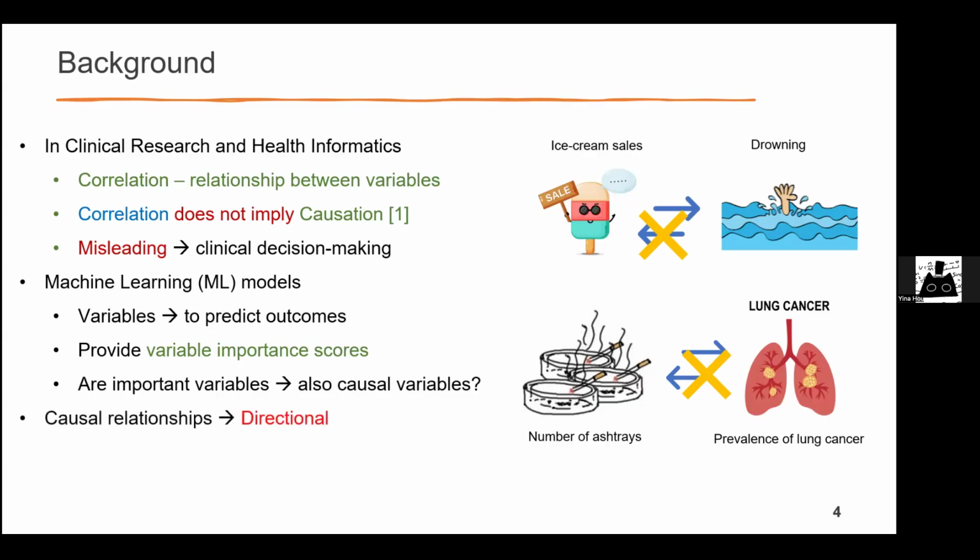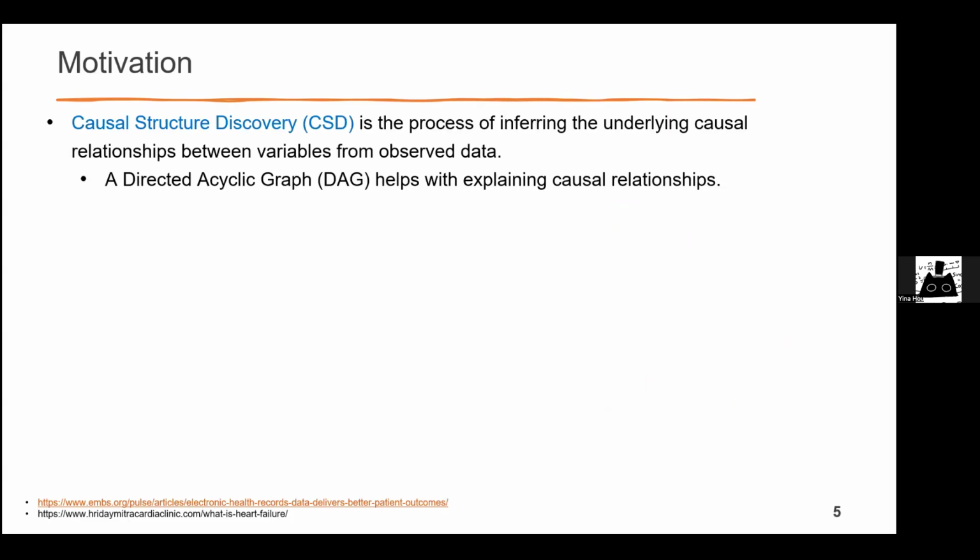However, causality reveals directional relationships between variables, and it will provide better explainability of predictors and models. This is where the study of causal structure discovery comes in, which is the process of inferring the underlying causal relationships between variables from observed data.